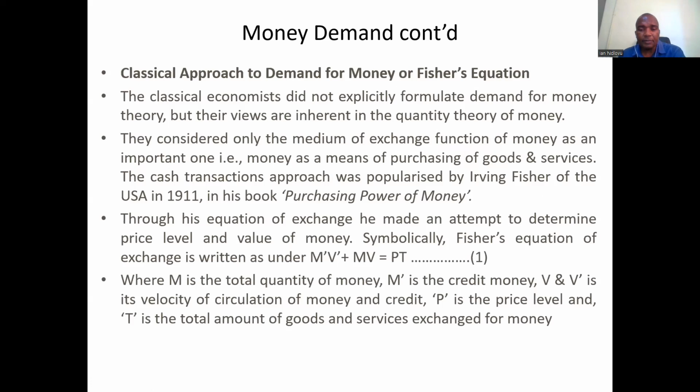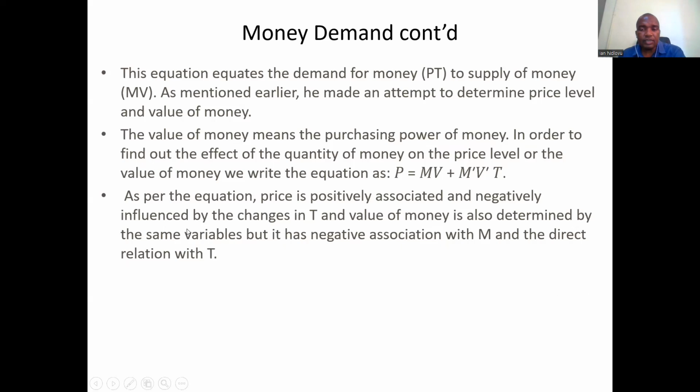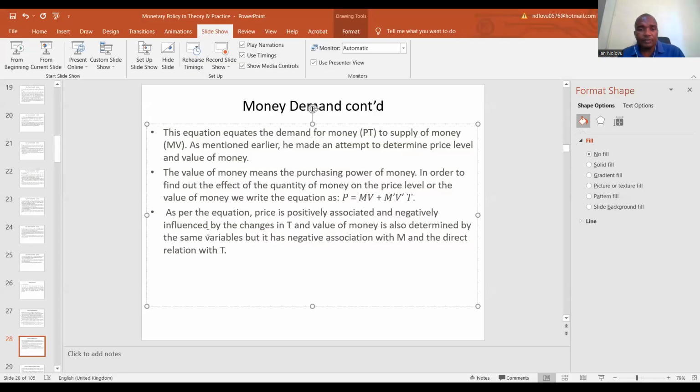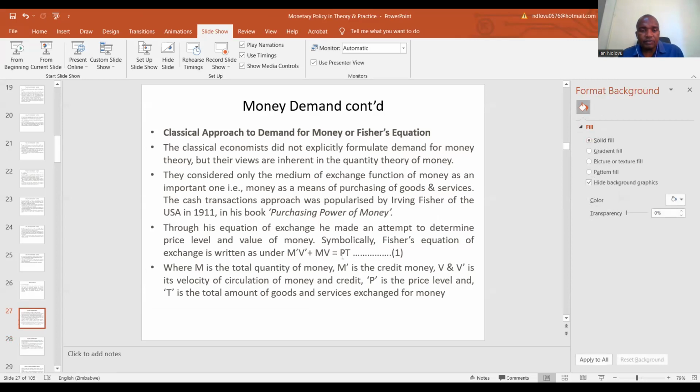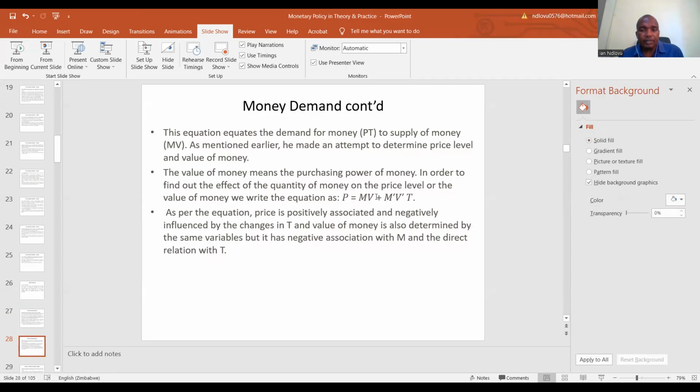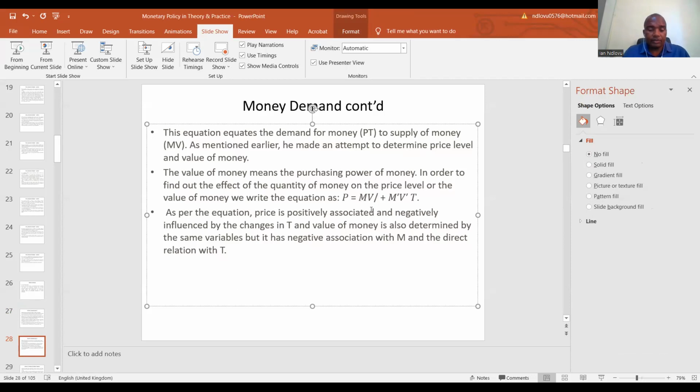MV may be taken as a constant. So if we look at that equation, you realize that if you divide right through with T, it ought to be P is equal to MV over T, MV divided by T. So what it simply means is that the general price level is positively associated with the money supply and negatively influenced by changes in transactions.